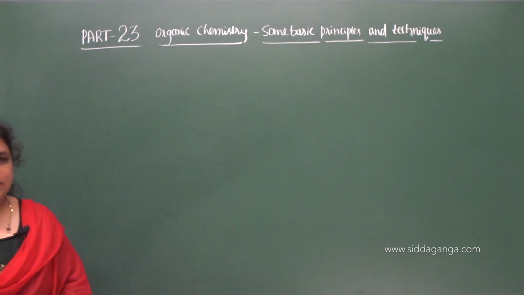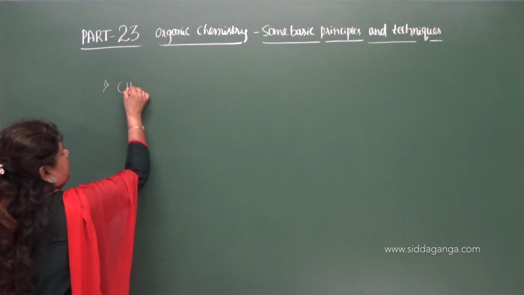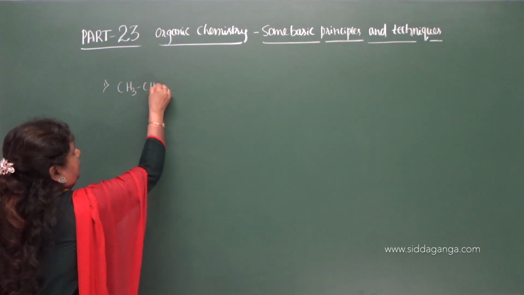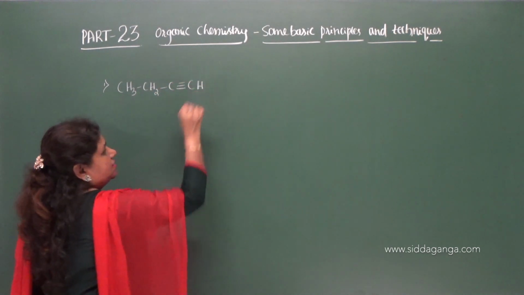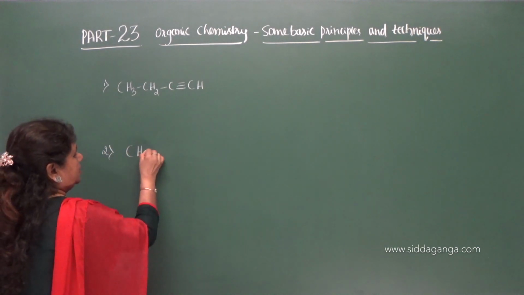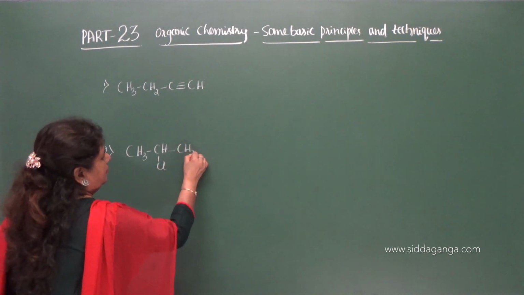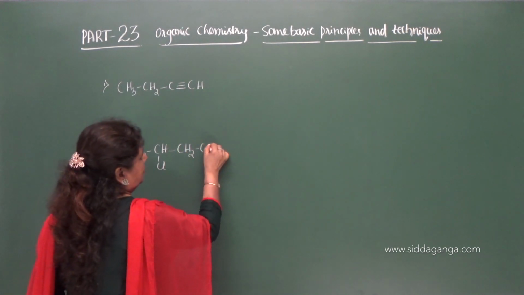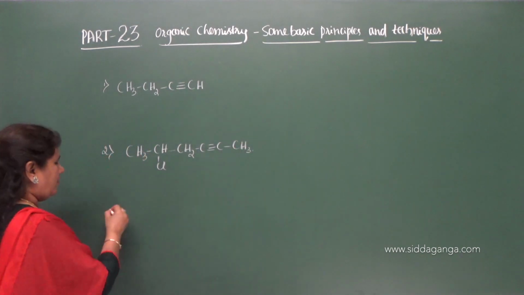So in compounds containing triple bond, let me give the first example: CH3, CH2, C triple bond CH. Second example: CH3, CHCl, CH2, C triple bond C, CH3.